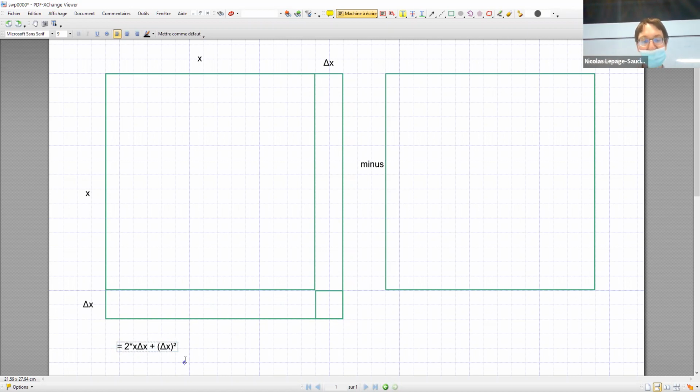And what do we see basically? It's that here delta x is going to 0. So if you compare the size of this with respect to that one, the x stays the same, but delta x is actually shrinking. So this little square here becomes negligible.